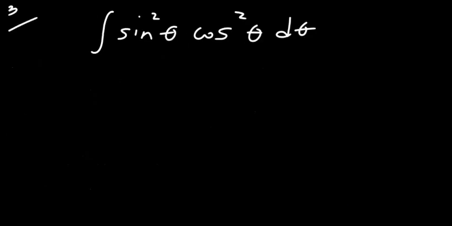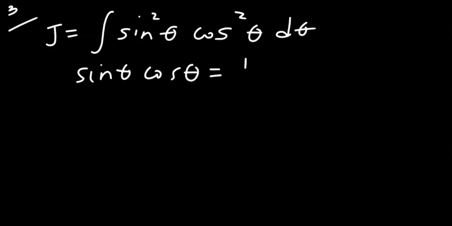What about this integral? Let's call it J. Both the powers are even, so the double angle formula should work. The double angle formula states sine theta cosine theta is half sine 2 theta.